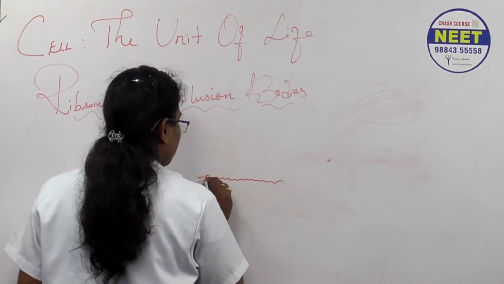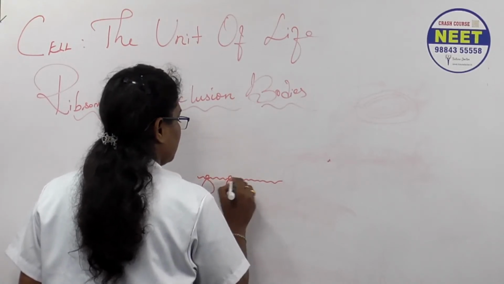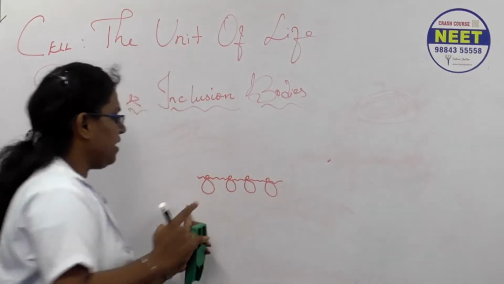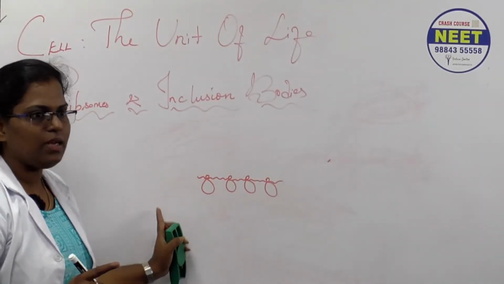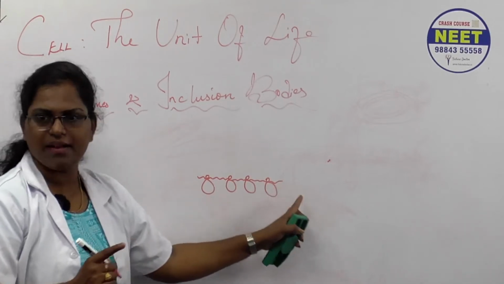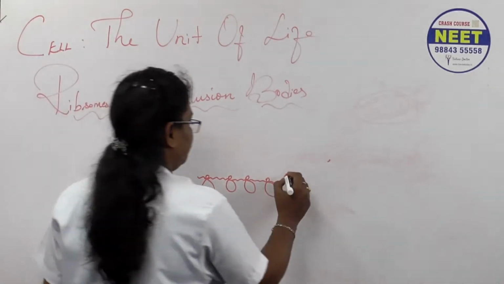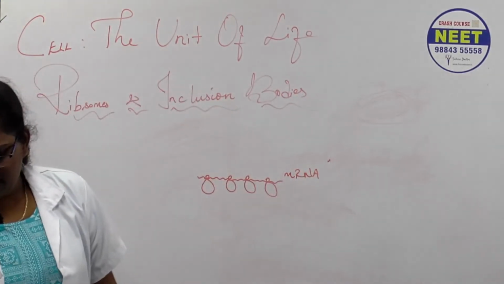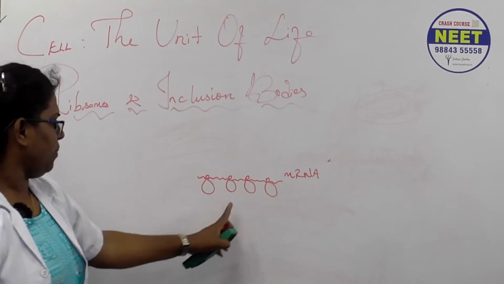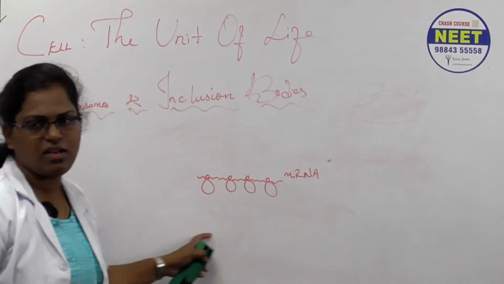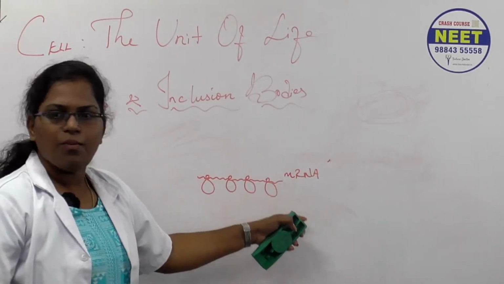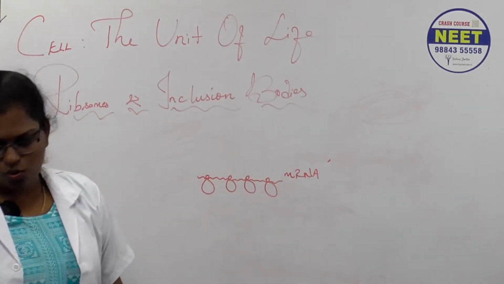Several ribosomes are present on a single mRNA. Because too many ribosomes are here, not only one ribosome, it is called polyribosomes or polysomes.